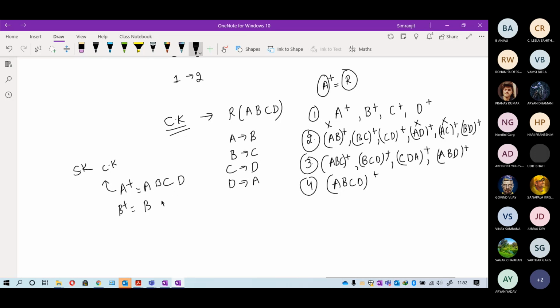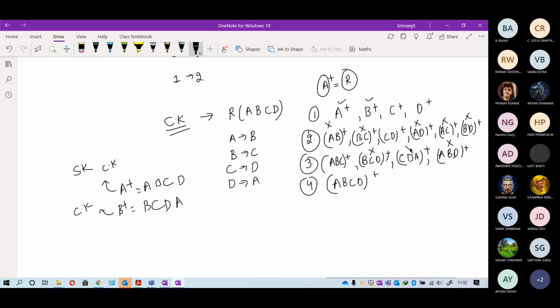Similarly, find out B plus. B is extracting out C, which extracts out D, which extracts out A. Again ABCD is there, so B also becomes a candidate key. So if B is a candidate key, BC cannot be a candidate key, it becomes a super key. BD cannot be a candidate key, it becomes a super key. BCD cannot be, ABD cannot be, they become super keys.